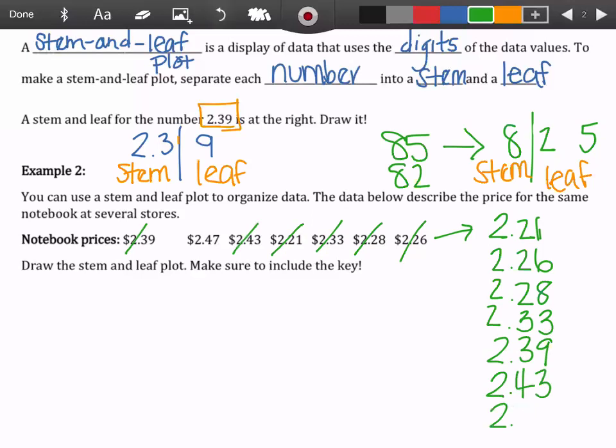So this is in order from least to greatest, which is going to help us when we make our stem and leaf plot.